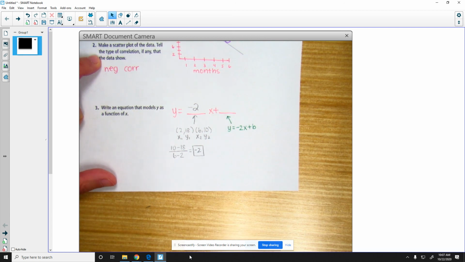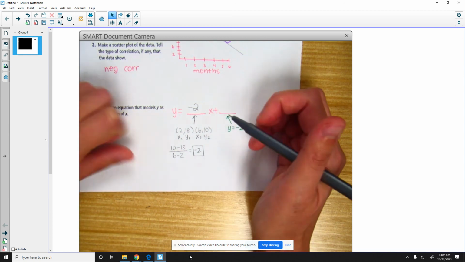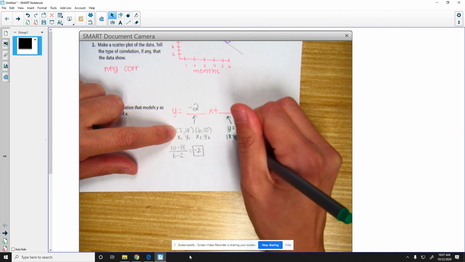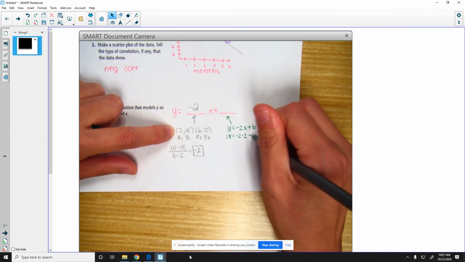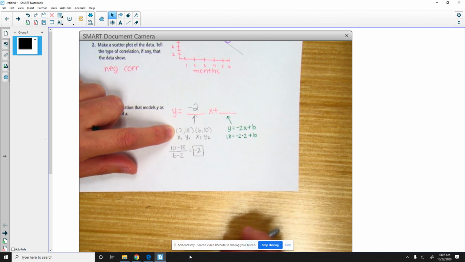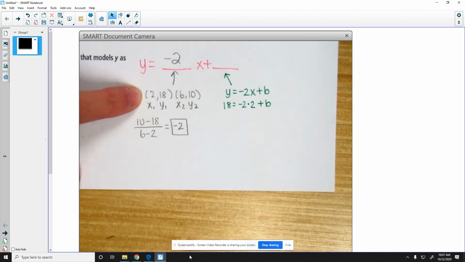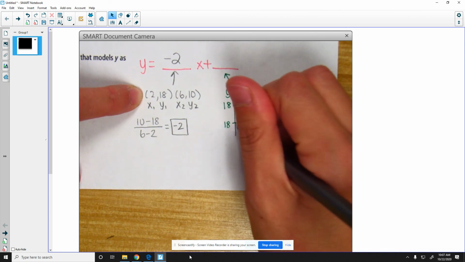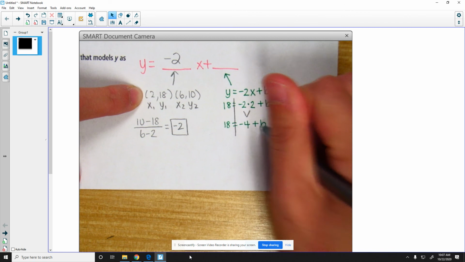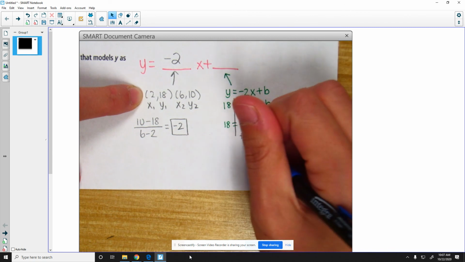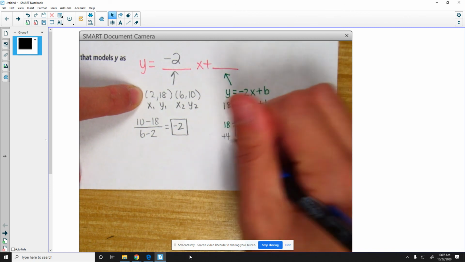So I'm just going to choose the first one, and then plug that in as my X and my Y, and then solve for B that way. And you're probably going to have a different answer than me because you're probably going to choose a different point than me.